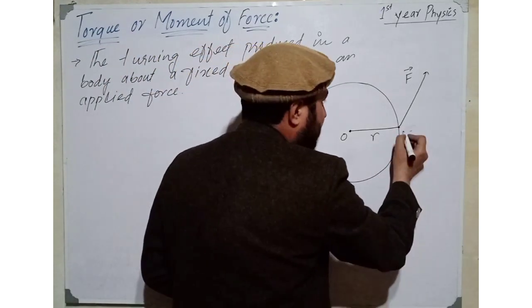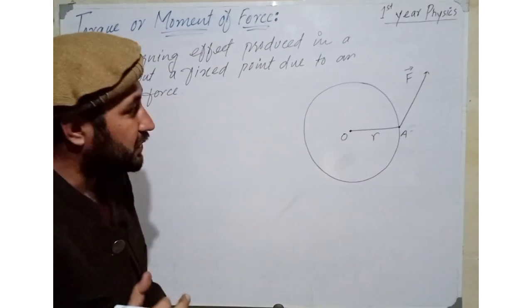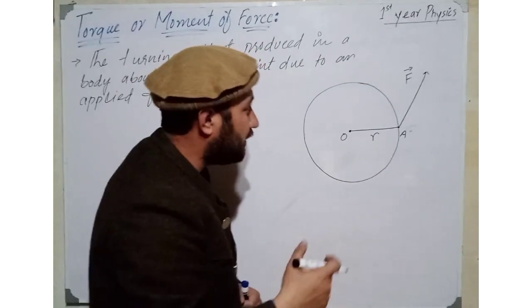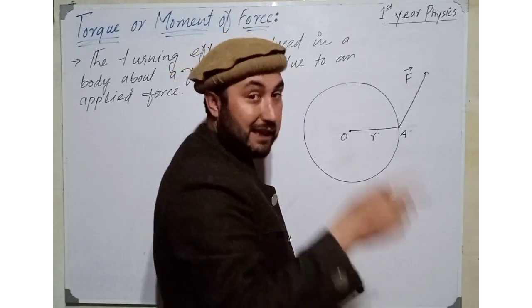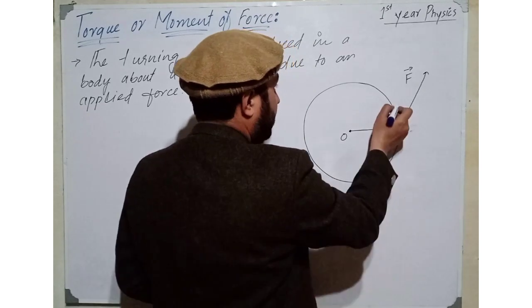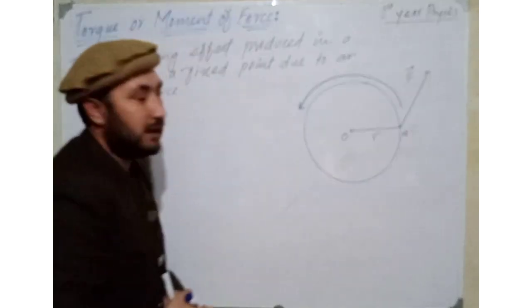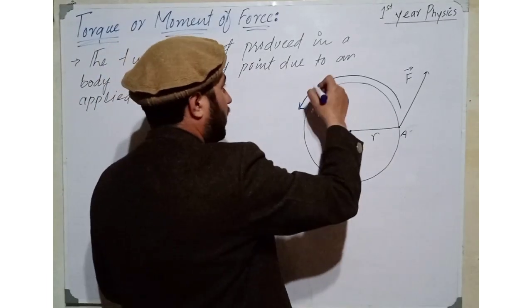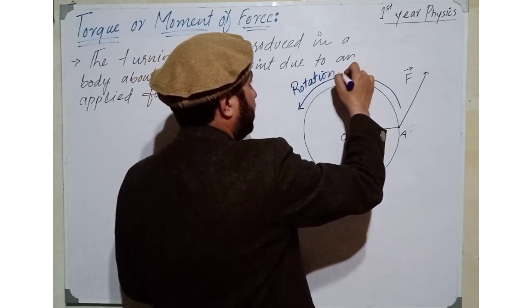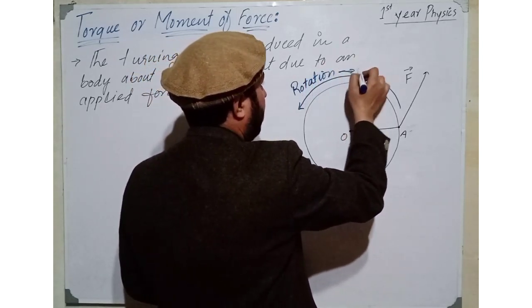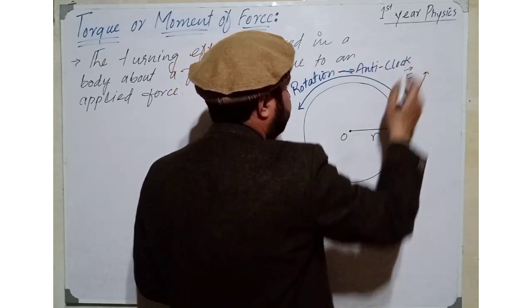Now the force acts in that particular direction, and from our common observation we can see that after we apply a force on a wheel in that direction, the wheel is going to rotate, and the rotation will be anti-clockwise.